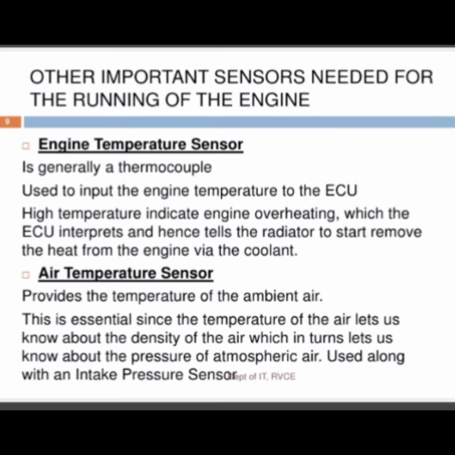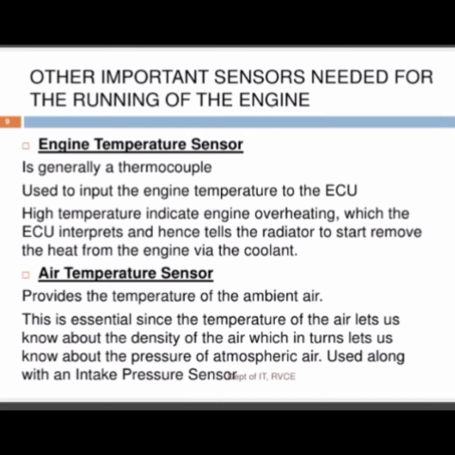Other important sensors are needed for the running of the engine. The engine temperature sensor is generally a thermocouple used to input the engine temperature to the ECU. High temperature indicates engine overheating, which signals the ECU to tell the radiator to start removing heat from the engine.